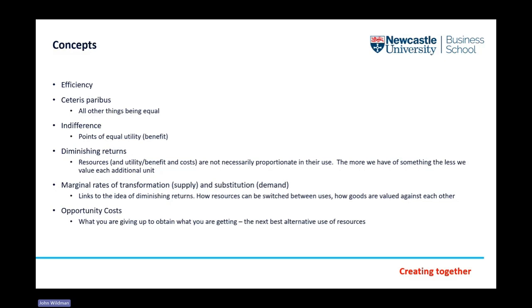And so what we really want to say is, let's say you've got two bundles of goods, and can you rank them? If you say bundle A is better than bundle B, then you're not indifferent between them. You prefer bundle A to bundle B. If, however, bundle A and bundle B will provide you with exactly the same levels of utility, then you would at that point say, well, I'm indifferent between bundle A and bundle B.